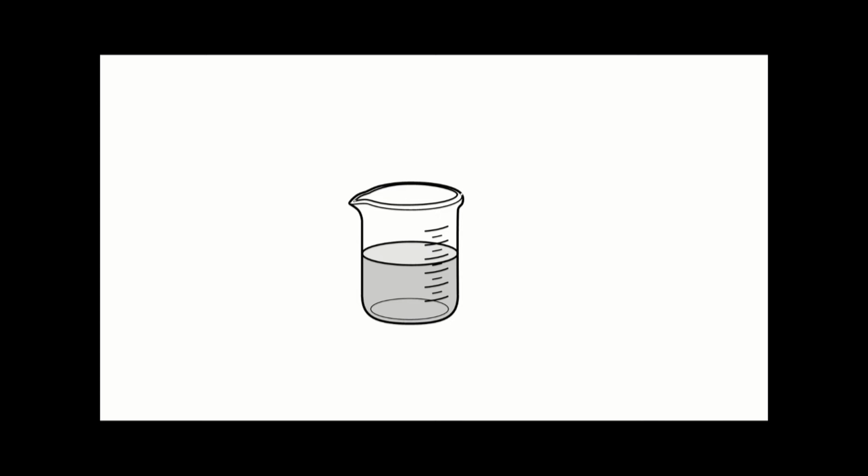So first thing I need is a beaker of something that can be electrolyzed, and the way that this works is relying on the idea of the particles being charged. So something with charged particles must be ionic in its nature. So ionic substances are the things that we're going to electrolyze.